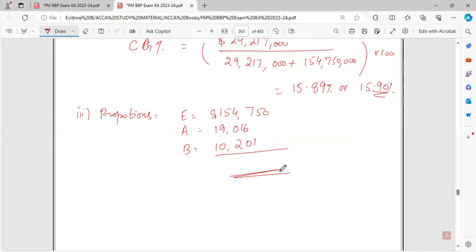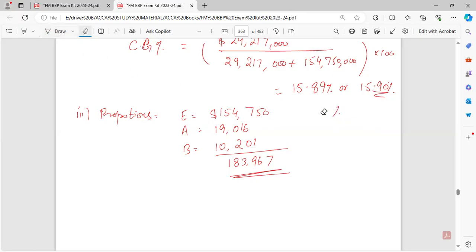154 750 plus 19,016, 10,201. It is 84%, or we can say that 84.11%.